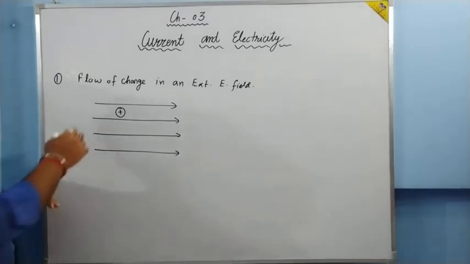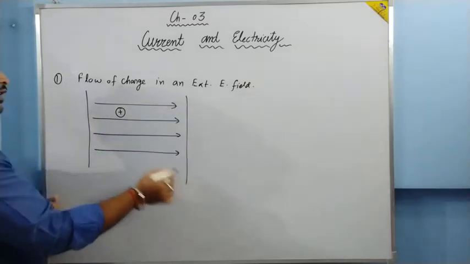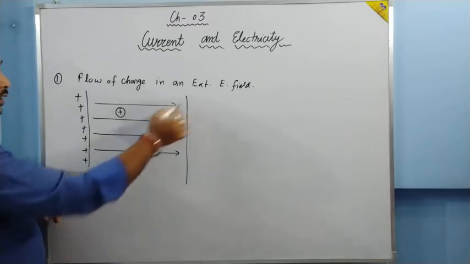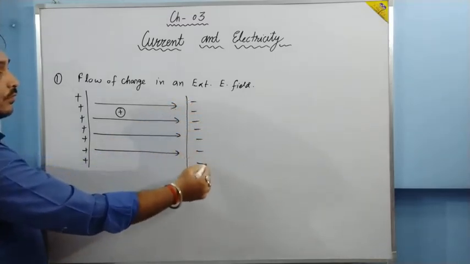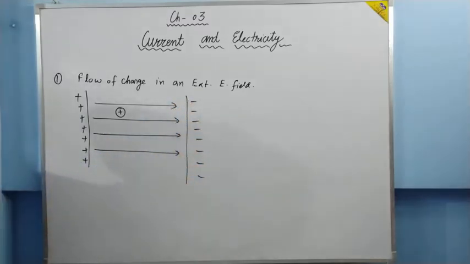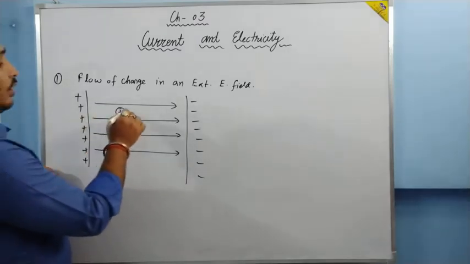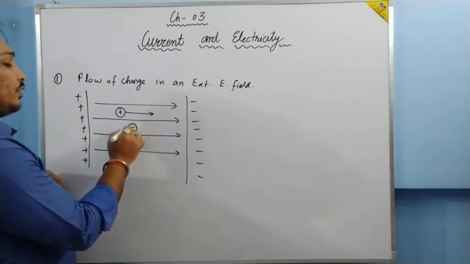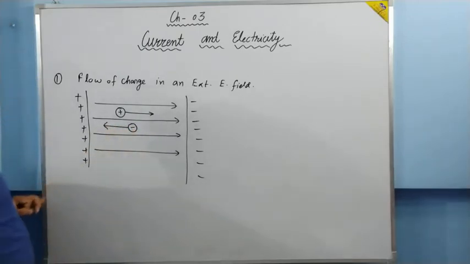For this kind of electric field, the positive plate should be here and the negative plate here. Only then can we make this kind of uniform electric field. So the positive charge will obviously move towards the negative plate, and if we leave a negative charge, it will obviously move towards the positive.